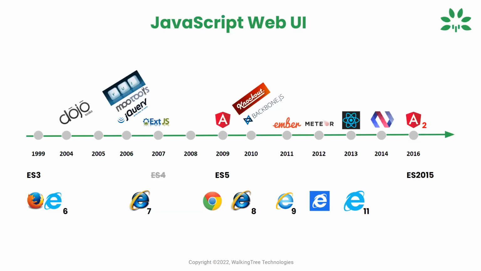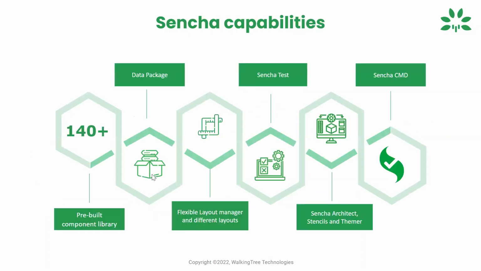Now moving on to the second concept, the Sencha capabilities. Let's try to understand the capabilities of Sencha before even talking about why people are moving away from Sencha. As I already mentioned, Sencha has a lot of capabilities, and it was a widely used framework to build enterprise applications, maybe until 2016-17.